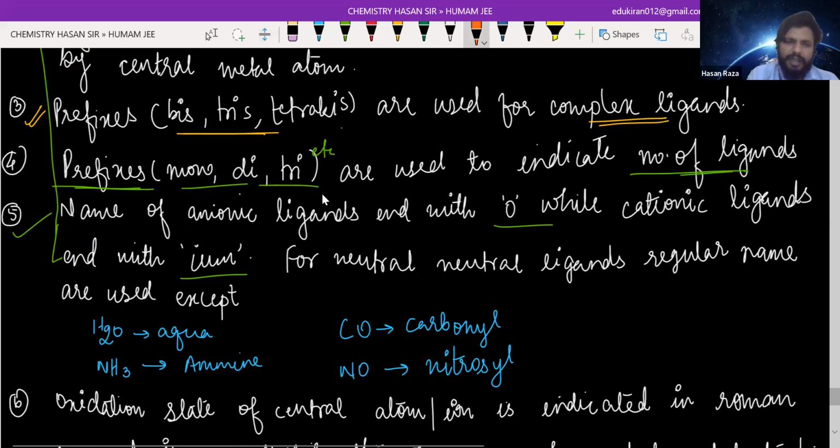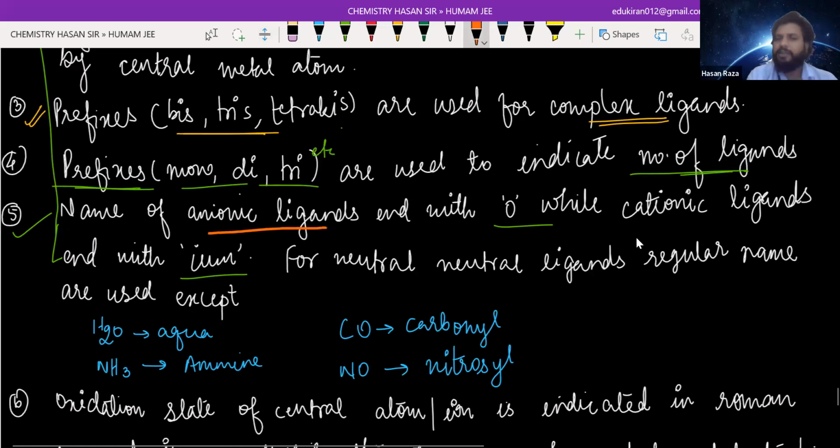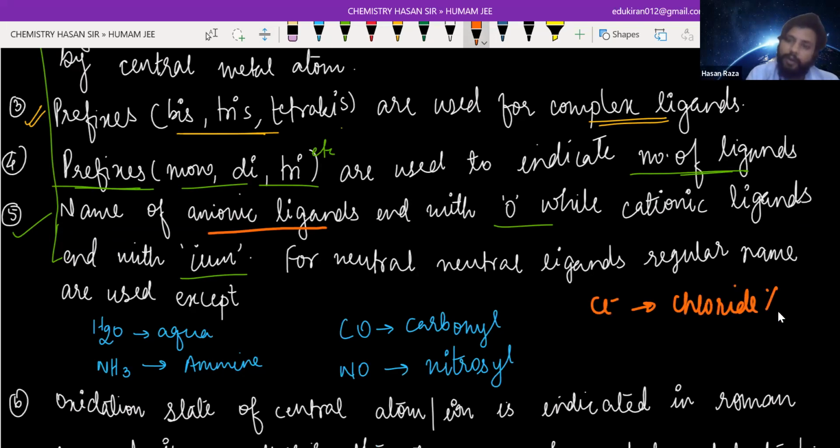What does this mean? The name of the anionic ligand ends with o. Anionic ligand, that means Cl minus is an anion, you know its name is chloride, but here in IUPAC we will not write chloride, it will be wrong. According to IUPAC, its name ends with o, so it becomes chloro. Are you getting my point? Yes.